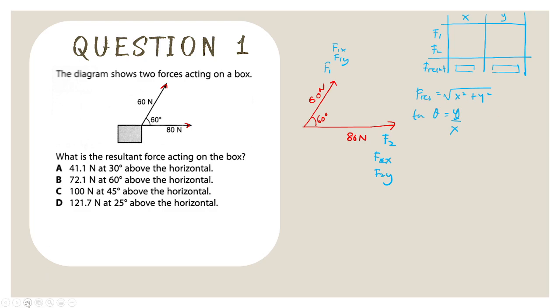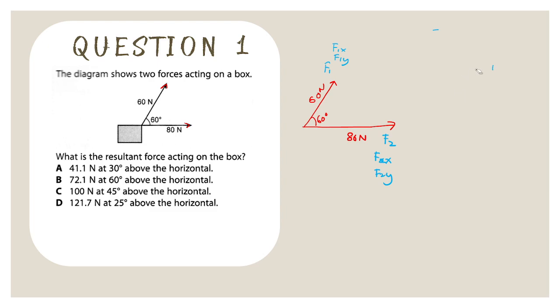One more is by using the sine and cosine rule. The sine and cosine rule can also be used, if you remember it from maths. It can be used on the triangle. How do we use the cosine rule in this kind of question?